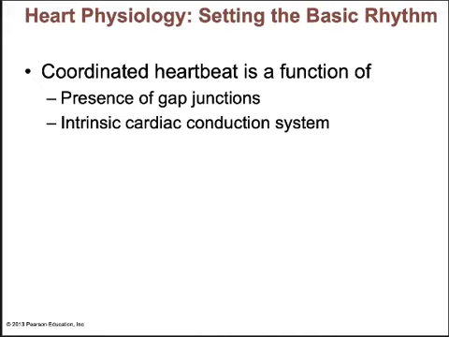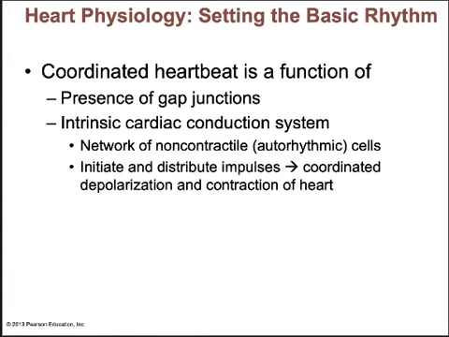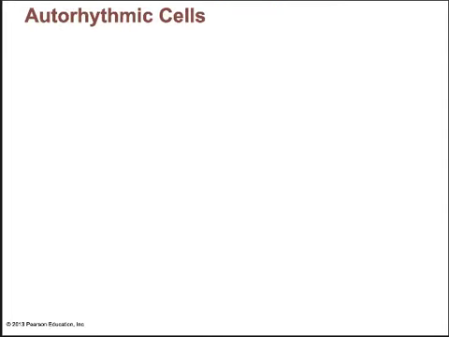And so this runs throughout the wall of the heart and promotes the movement of an electrical signal in only a certain direction. These are non-contractile cells that initiate the impulses, and then the neighboring cells are what generate the contraction.